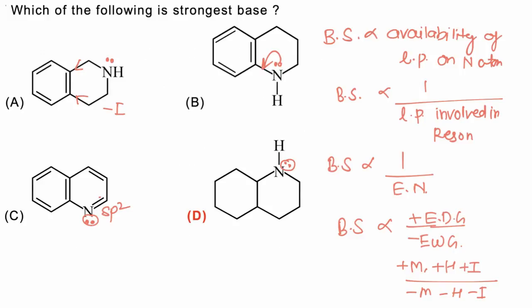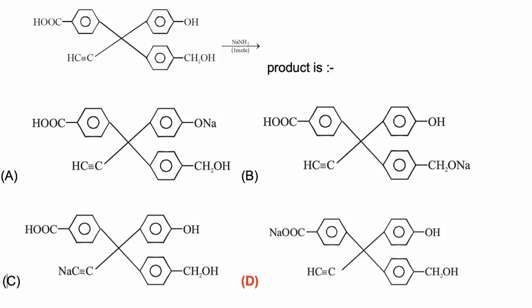While in option D, the nitrogen lone pair is present on an sp3 hybridized atom, meaning on a less electronegative atom, and the other carbon or alkyl groups are electron donating. Hence D is the most basic among the given compounds, and hence the correct answer is D.